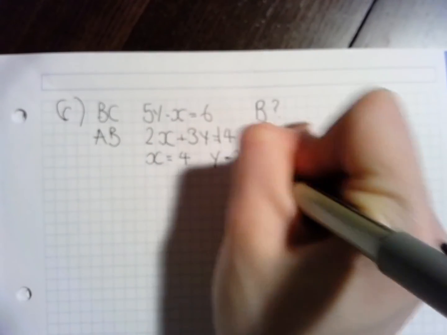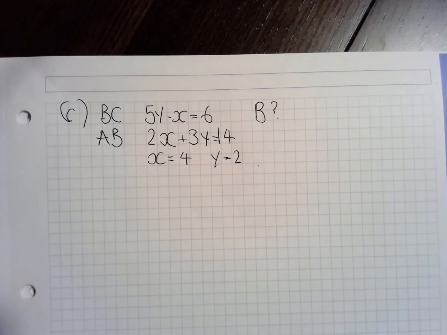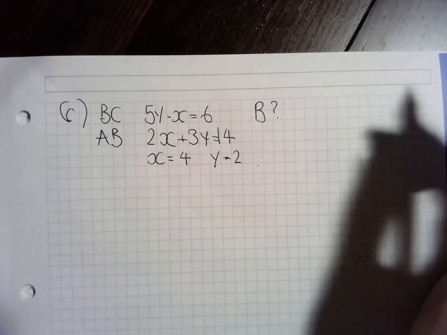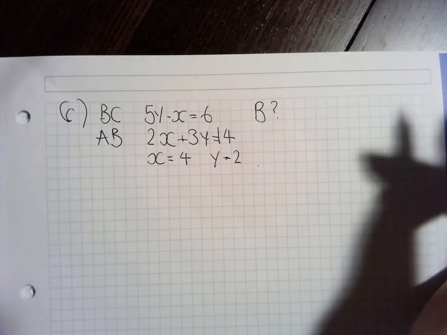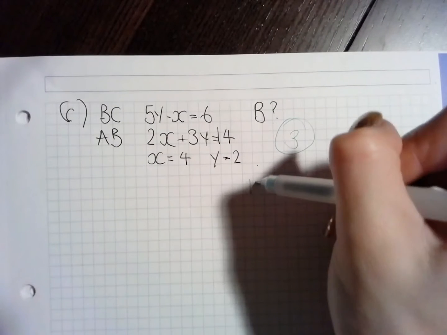I won't go through that simultaneous equation because you should all be able to do that. If you want me to, just ask me in the comments, but that should be relatively obvious, and that's 3 marks. So in total you've got 11 marks there.